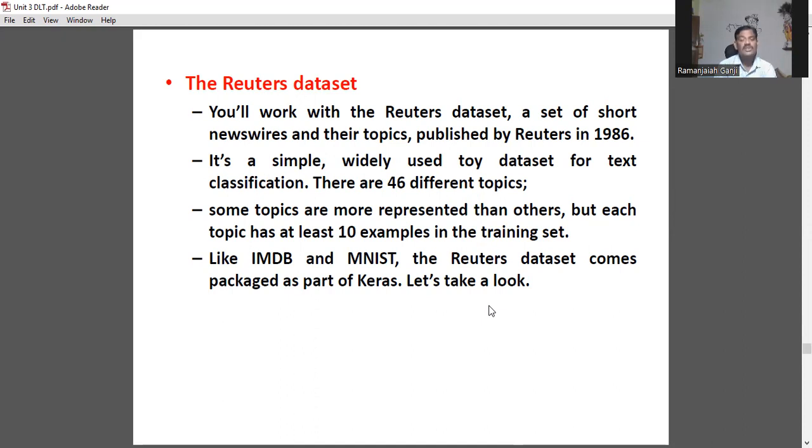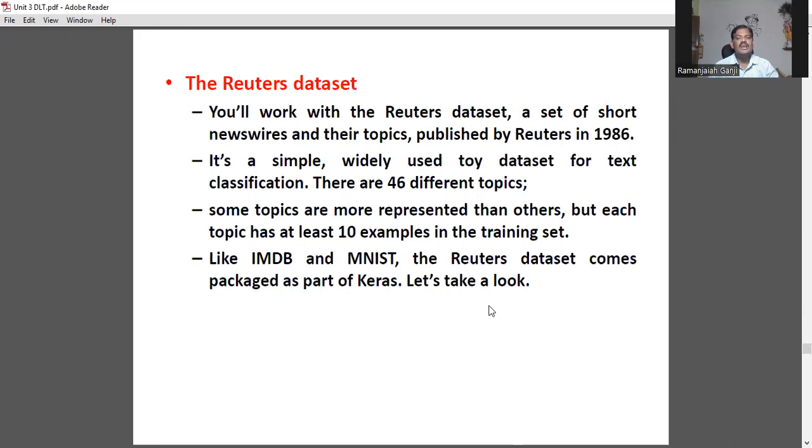The Reuters dataset is a set of short newswires and their topics published by Reuters in 1986. It is a simple, widely used toy dataset for text classification, but there exist 46 different topics. Some topics are more represented than others, but each topic has at least 10 examples in the training set.